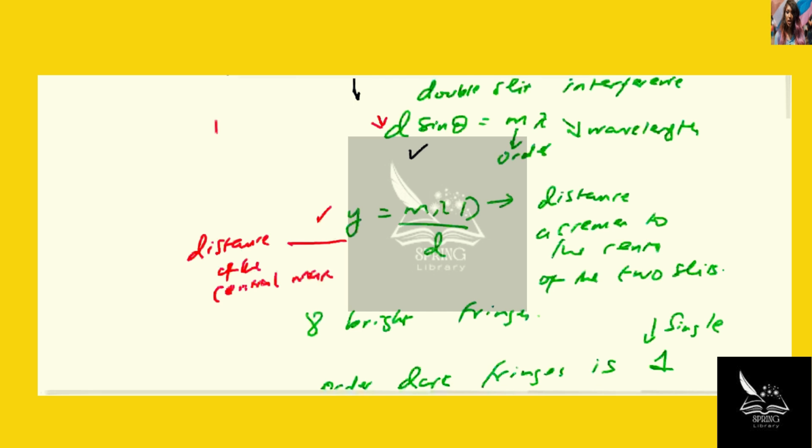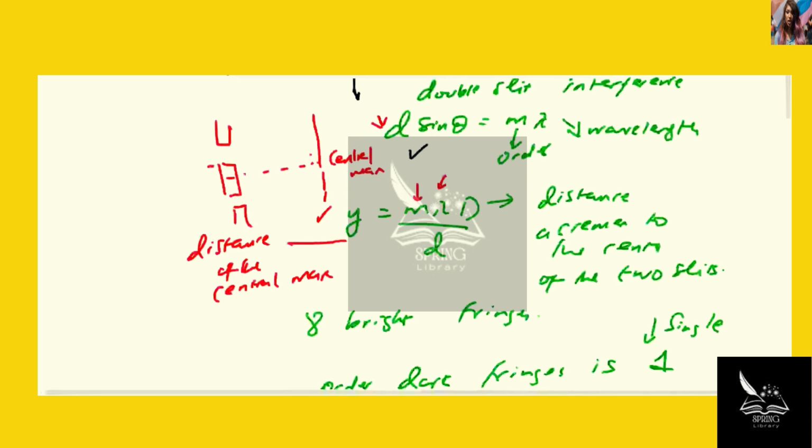Think of it this way: if you have openings right there, and this is your central max, so you have that distance, and lambda is the wavelength, m is the order, d is the separation.